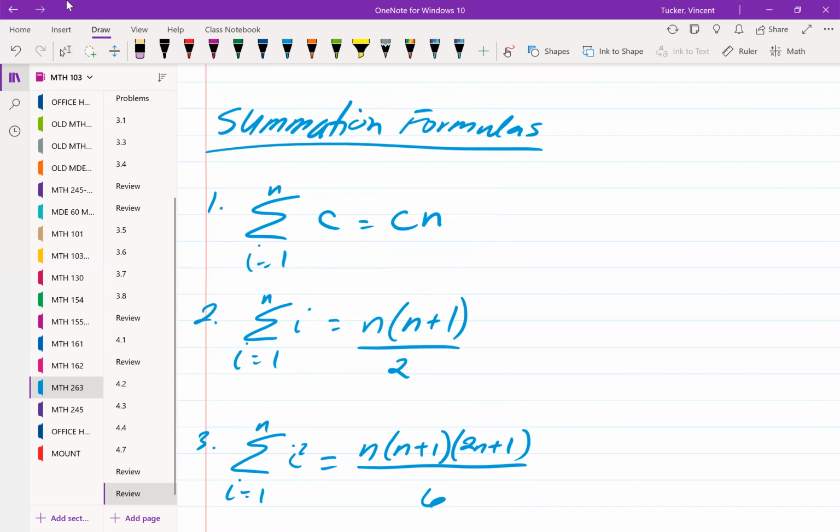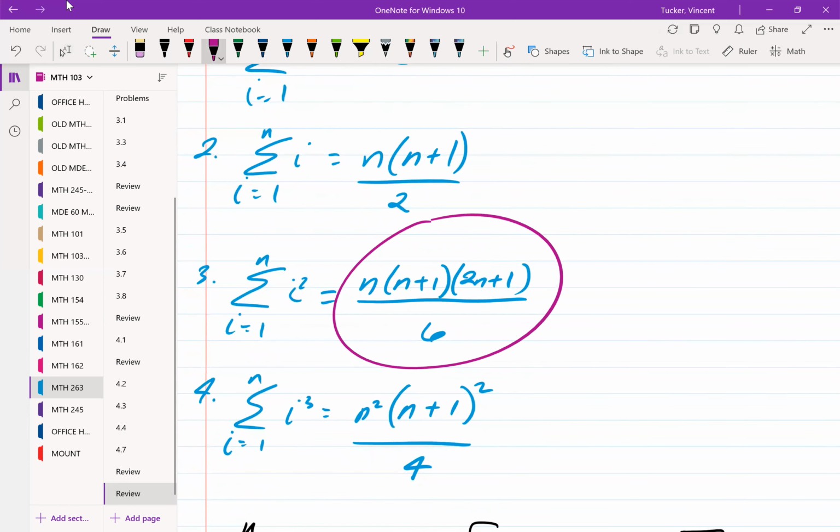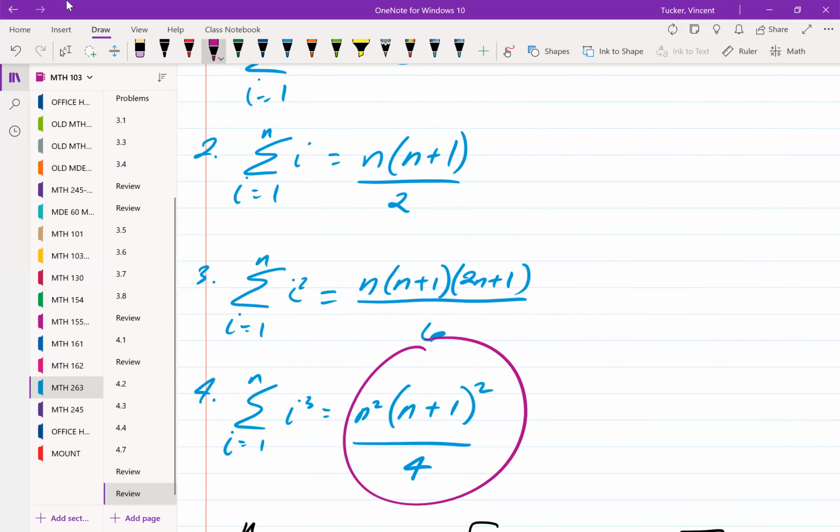If you have i going from 1 to n, then you can substitute i with n times n plus 1 over 2. If you have i squared, you can substitute that with n times n plus 1 times 2n plus 1 over 6. And if you have i cubed, you have n squared times n plus 1 squared over 4.